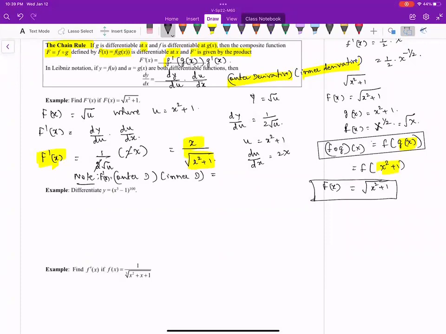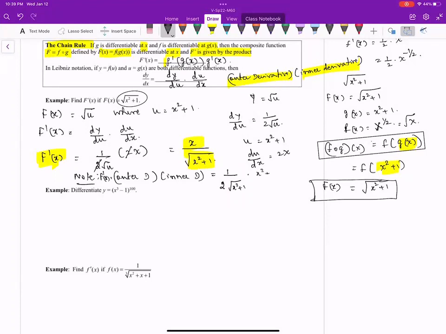Outer derivative is the derivative of this one. If you have a square root of something, how do you do it? It is 1 over 2 square root of that something. That something is x squared plus 1 here.